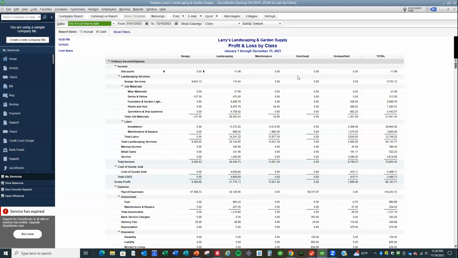They track the income, they track the expenses, and then they can tell at the end of the party where they stand. And if they're losing more than what the club was chartered to lose, then they probably need to up their rates for the social events. But that's classes.